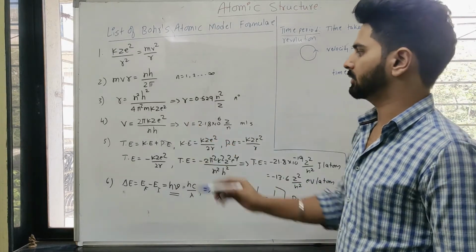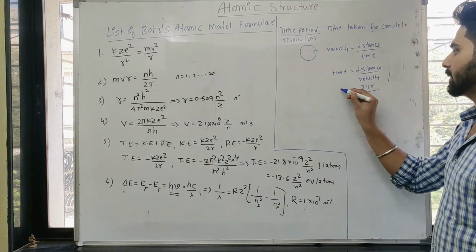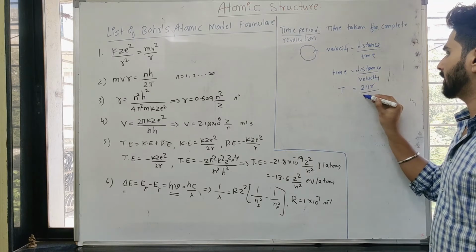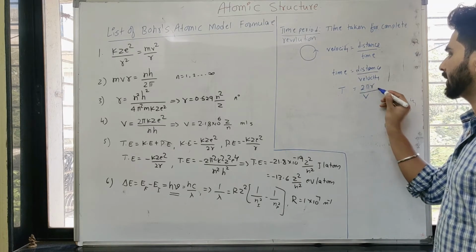We know this is the formula, so time I'll take it as t, is equal to 2πr divided by v.